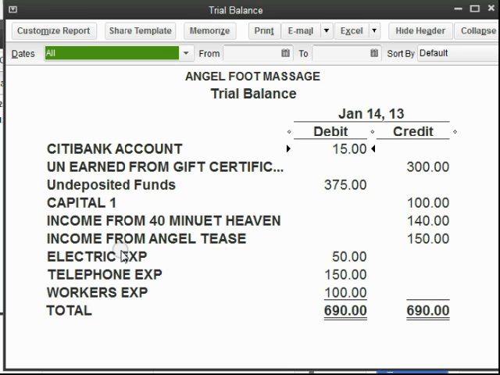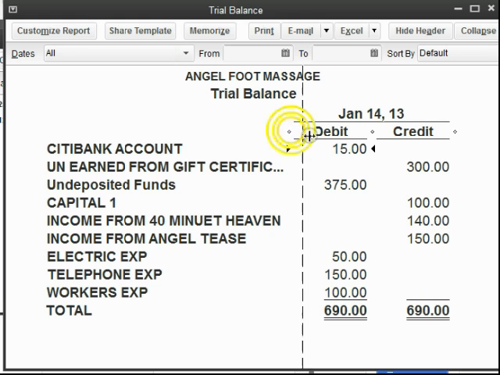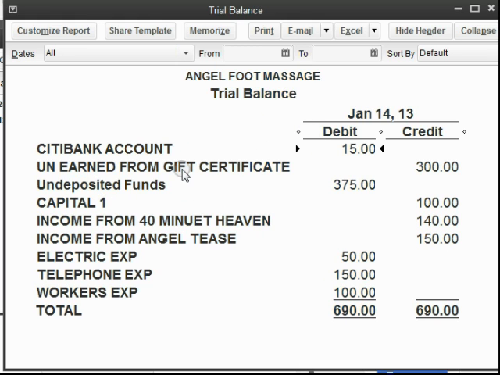So if we make an invoice for 2 of these at $25, the earned income from Angel Tees will go up. Obviously, at the moment we perform a service for someone who gave a gift certificate, the amount unearned, specifically from gift certificate, will decrease.